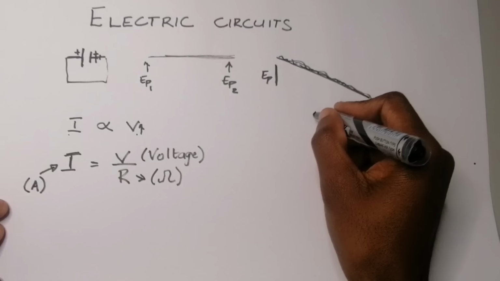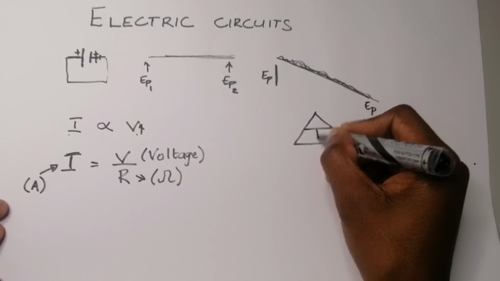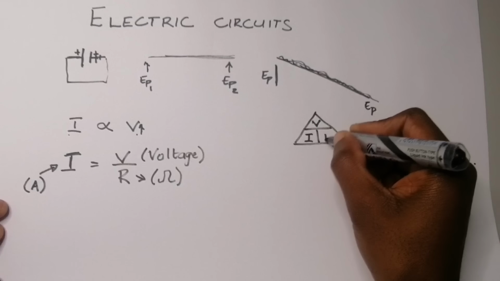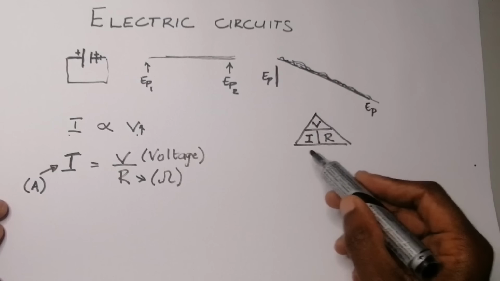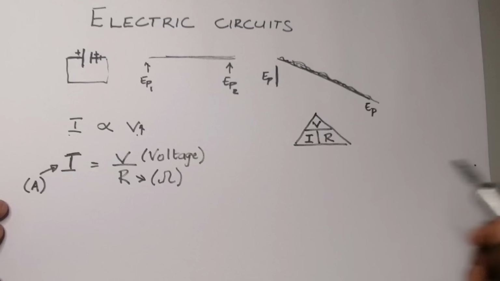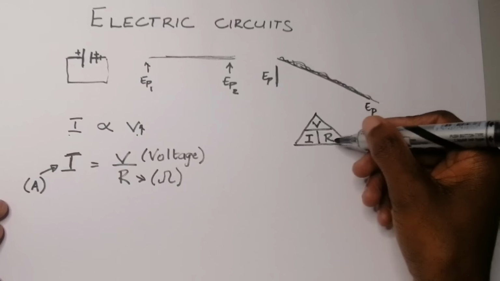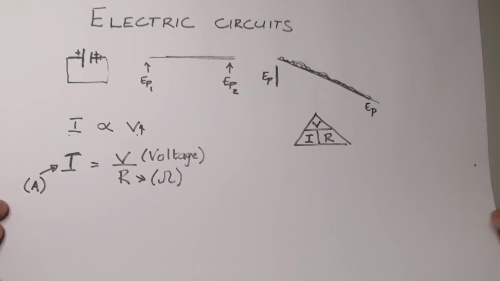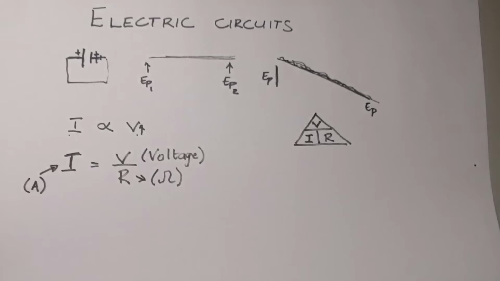Some of you might remember there's a triangle that we often use when it comes to Ohm's law. They say VIR. If I'm looking for voltage, it's current times resistance. If I'm looking for current, it's voltage over resistance. And if I'm looking for resistance, it's always voltage divided by current. It's a nifty way of remembering your application of circuits.